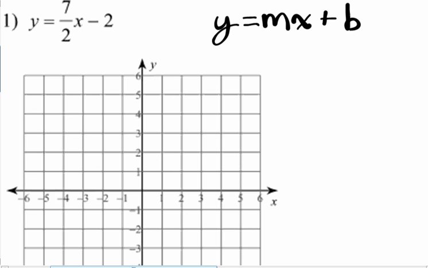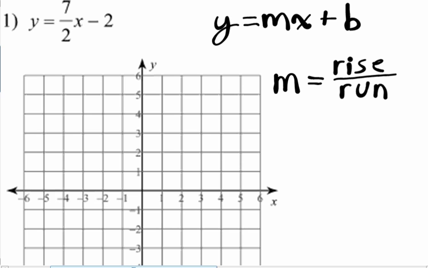And for some French reason, m means slope, and the slope is usually defined by the three words rise over run. So since we have rise over run, and we have the slope, in this case, the slope m is this 7 halves right here.